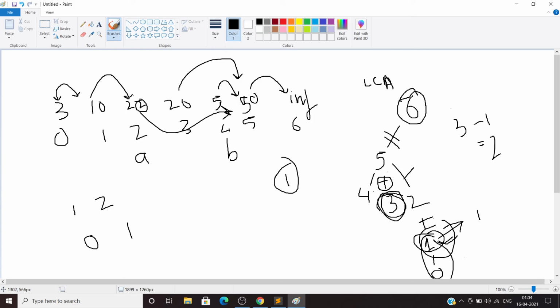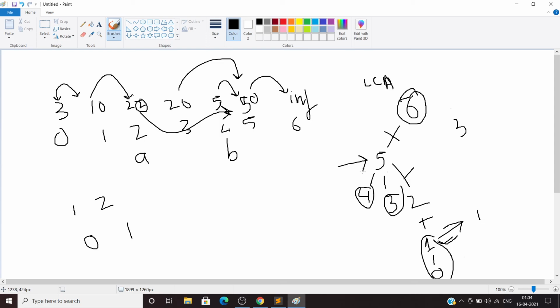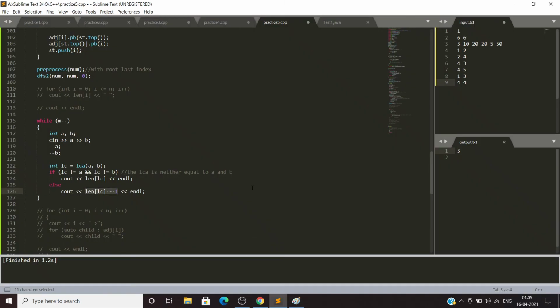So here it is 3 and it is 4, let's make it clear. 3 and 4. So here the lowest common ancestor of 3 and 4 is this. So here the distance is 1. As this LCA is neither equal to A nor equal to B, we are taking the distance as a whole. We are not subtracting 1 from it. So this is the common catch we have to handle.